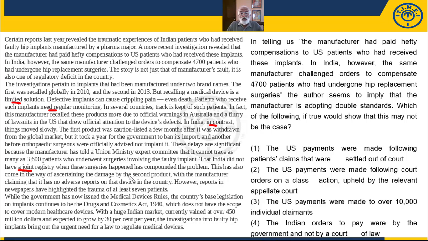So, urgent need for a law to regulate not only hip implants but any other medical devices as well, which means all medical devices suffer the same regulatory deficit, which means there isn't joint registry, there isn't proper follow-up or tracking of people, not able to get hold of people who had the surgeries, etc., and so on.